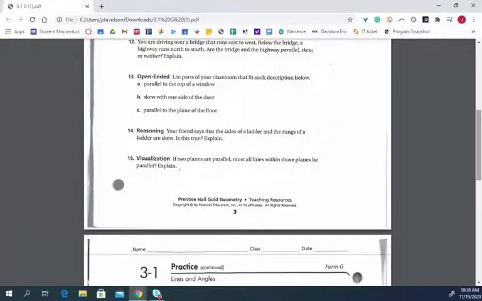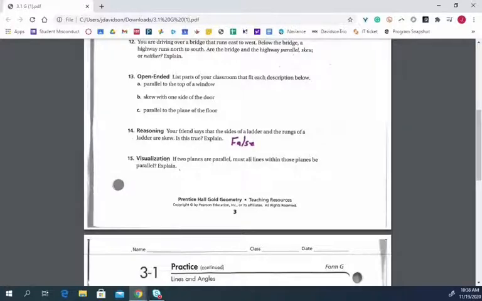If two planes are parallel, must all lines within those planes be parallel? I'd say yes because the lines make up the plane. You're close. Because the lines go on forever.